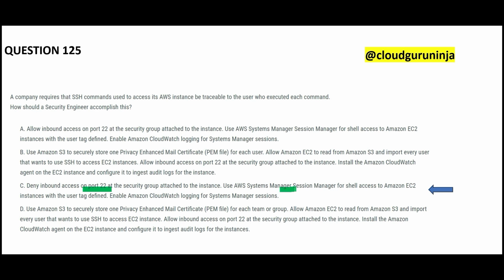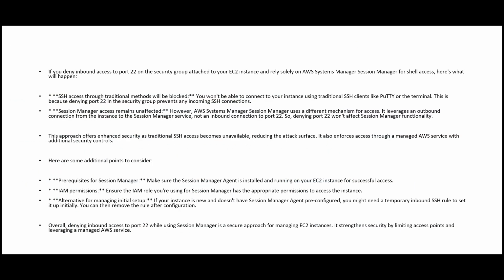Systems Manager Session Manager will allow us to access it, and then we will enable CloudWatch logging, which will ensure that we log which user executed this command. This is a bit of documentation which explains what happens if you deny port 22. SSH through traditional methods will be blocked, but you can still access it using the Session Manager access method.